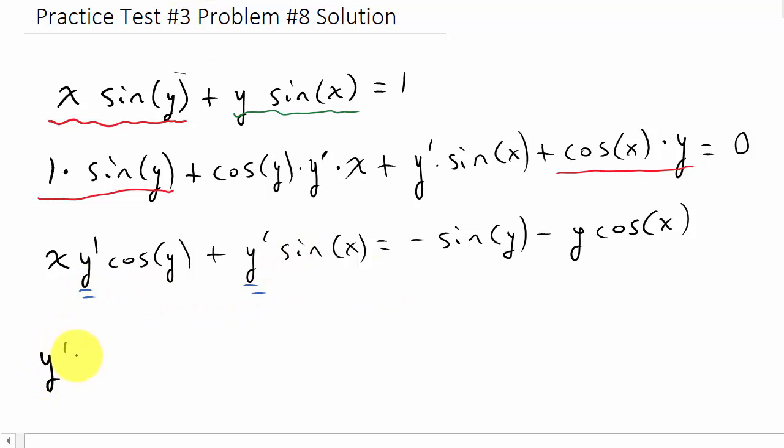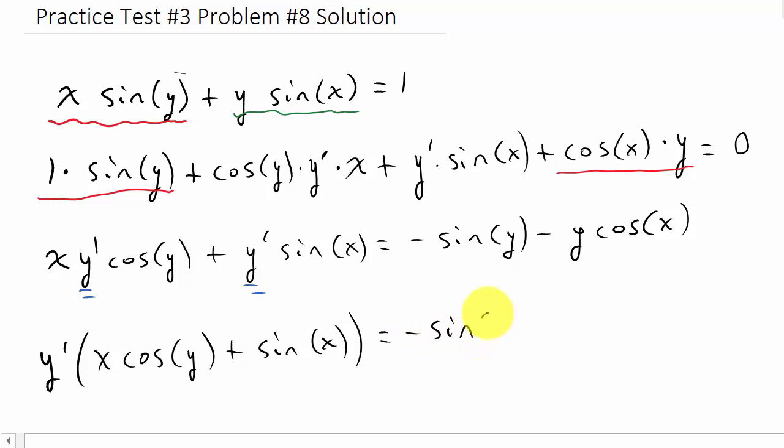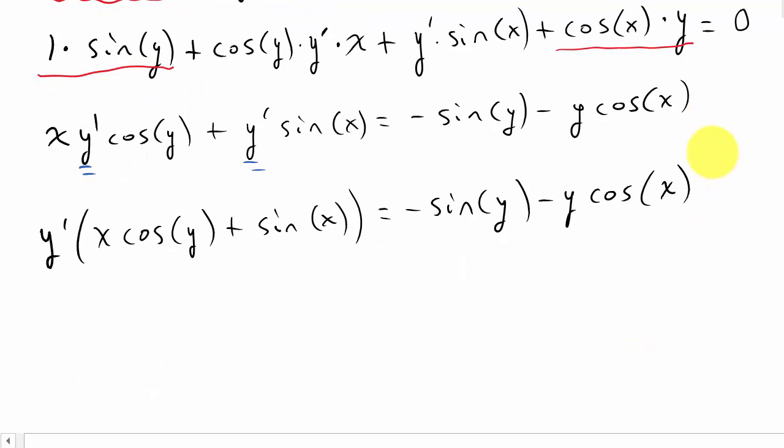Now we have a common factor of y prime that I can factor out. So y prime times x cosine y plus sine x is equal to negative sine y minus y cosine x. And then I need to divide everything by this term right here.